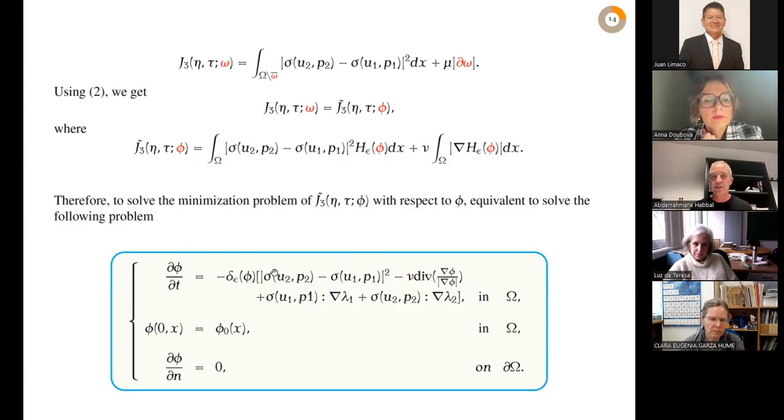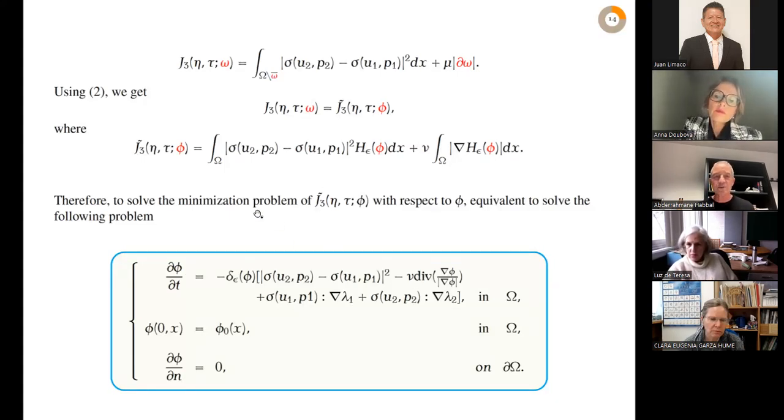And we have the gradient of G3 with respect to phi. And we use this fictitious time-dependent evolution to lead this gradient to 0.